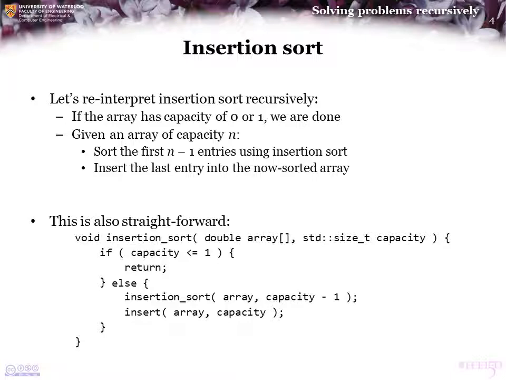And we're back to the call when the second argument is 4. We call insert on that array with the second argument being 4, and that places the 4th entry into the appropriate location to sort it, assuming, of course, that the first 3 entries are already sorted, which they are, and that sorts the entire array.